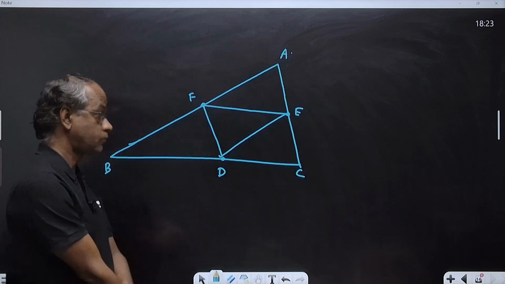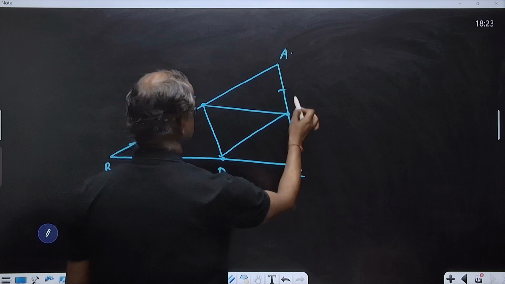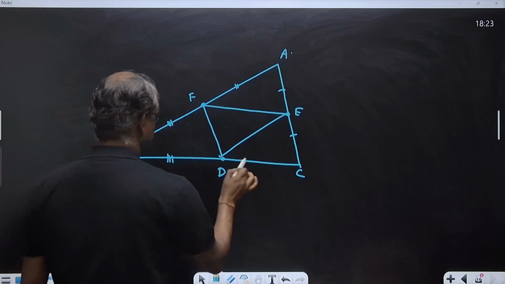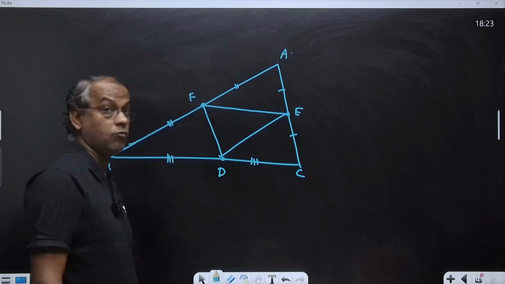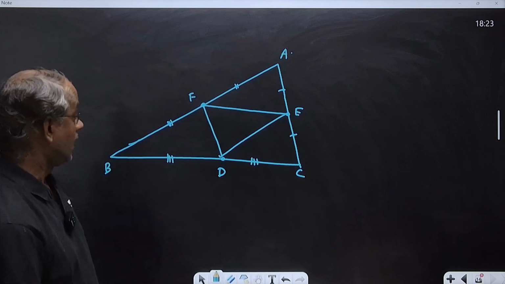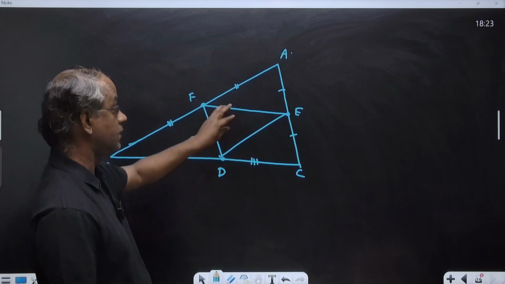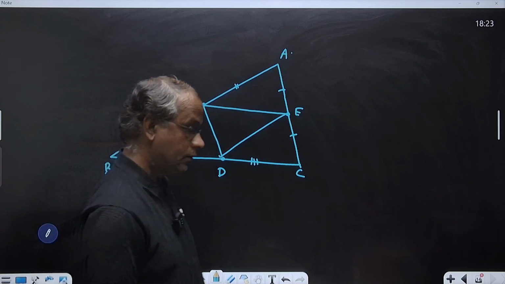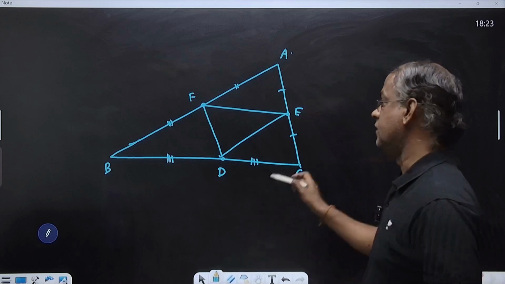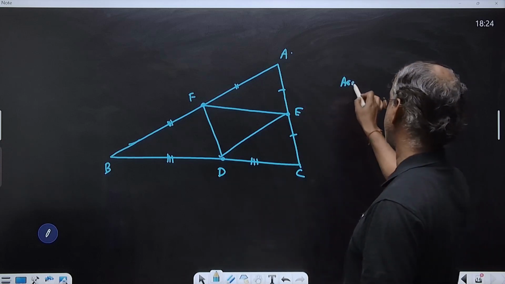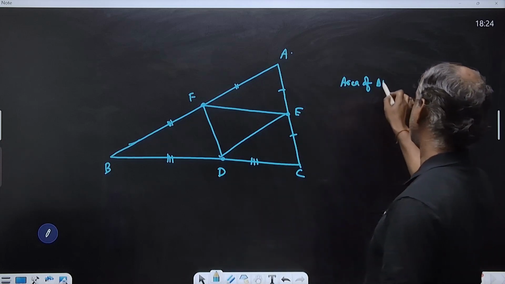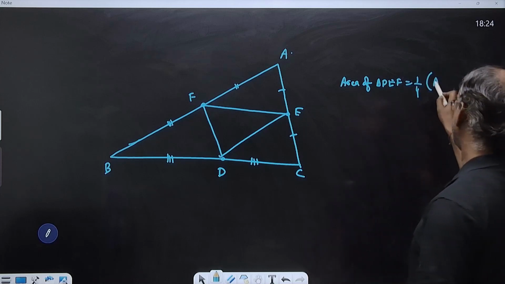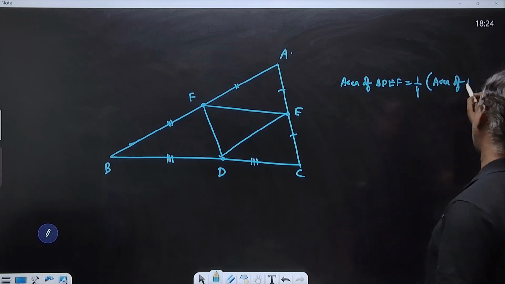Now, look at it very carefully. The sides of this triangle DEF are half the sides of triangle ABC. So the area of DEF is 1/4 the area of triangle ABC.